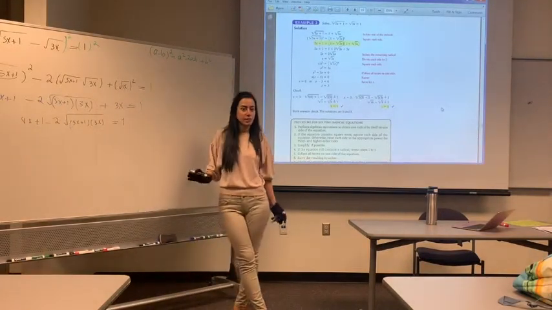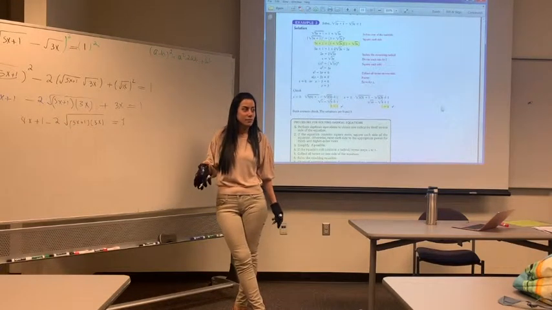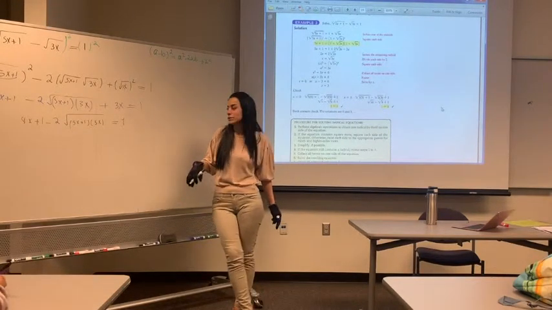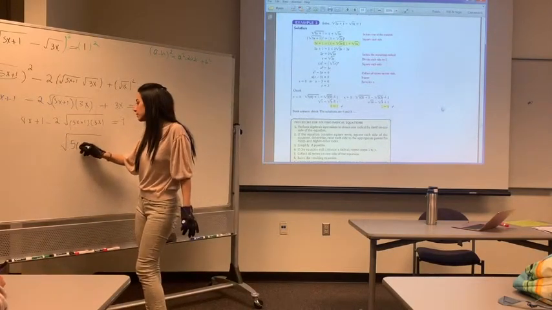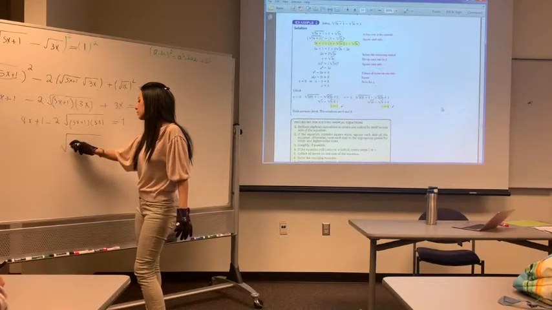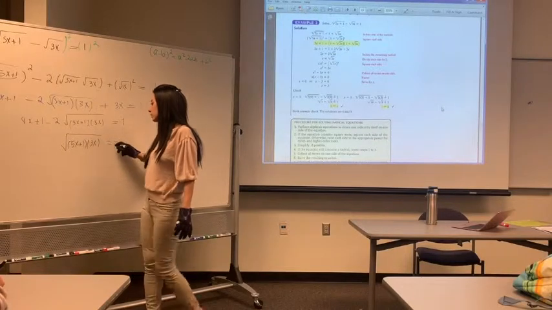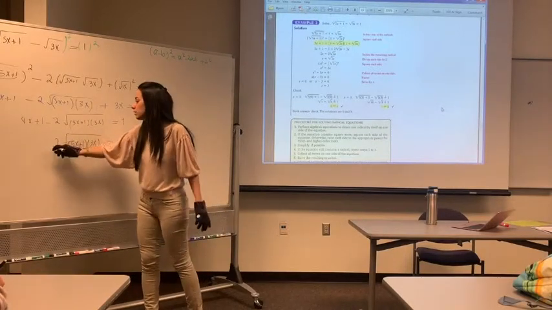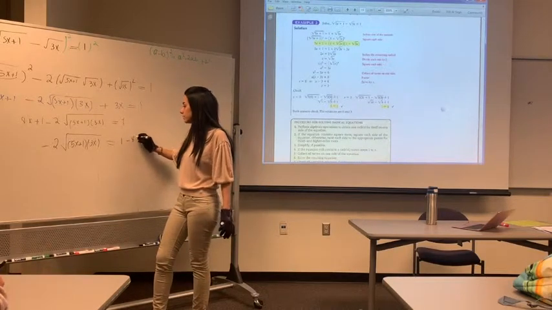We are going to move everything to the other side, keeping the radical on one side. Let's start over. So we keep this one, radical 5x plus 1 multiplied by 3x equal to 1. We have negative 2 on the radical; 8x goes to the other side.